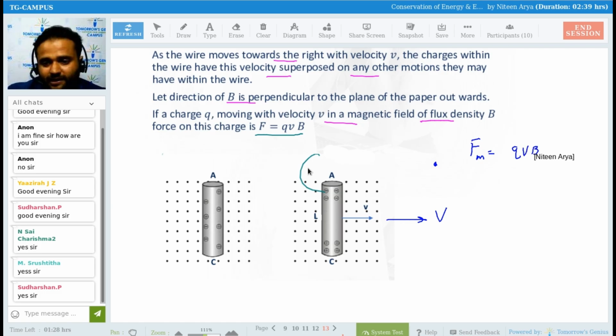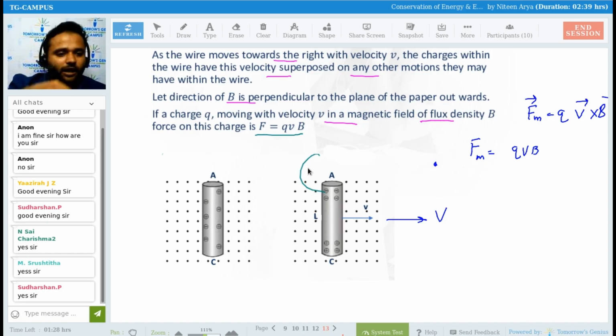Why so? I am writing this directly because we know that magnetic force is a vector quantity, charge is a scalar, and it is V cross B. The magnetic field is out of the plane of paper in the positive z direction, and the motion of this wire is to the right-hand side.